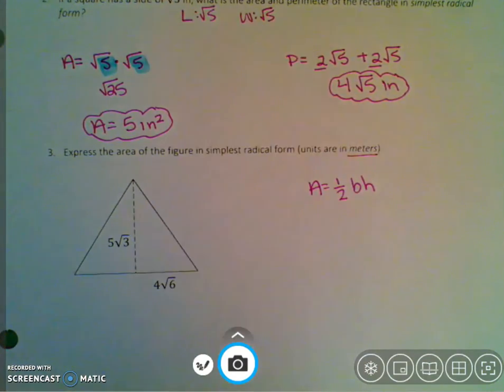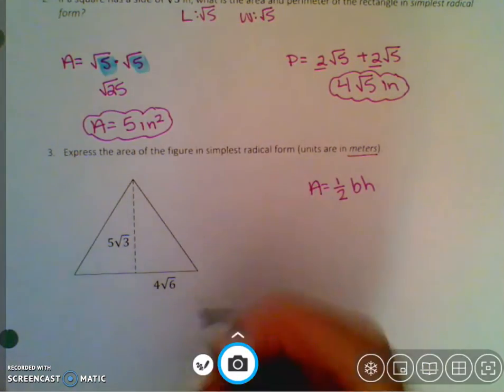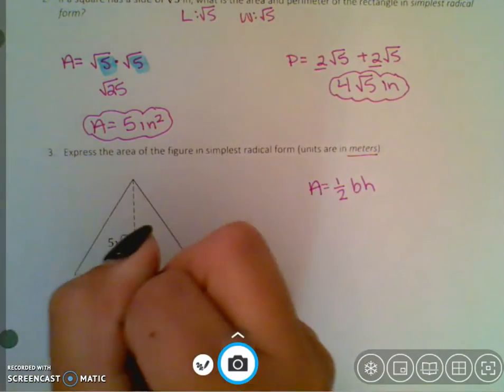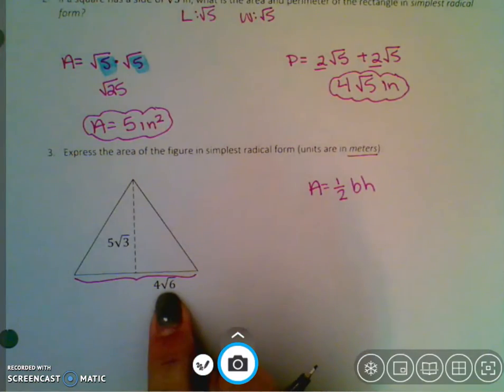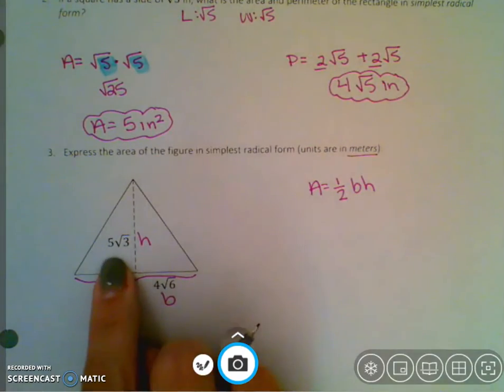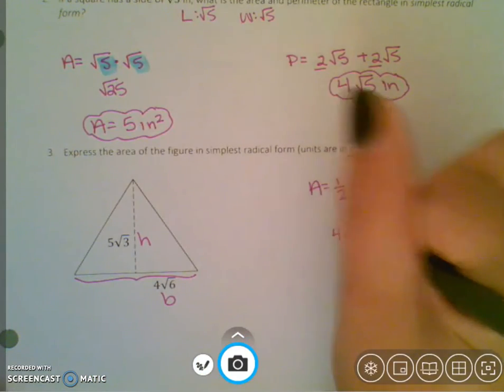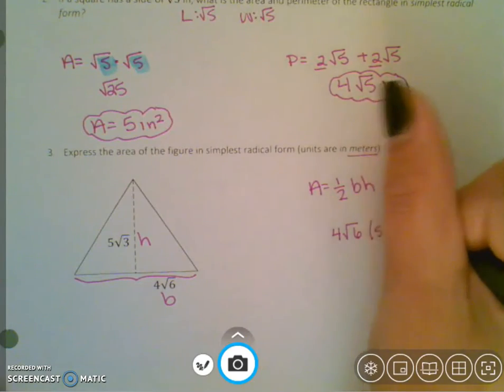So we're going to figure out the base times height part first, and then we'll just half our answer. So BH, so this is your base right here, the 4 root 6, and then your height is going to be 5 root 3. So we're going to do 4 root 6 times 5 root 3.